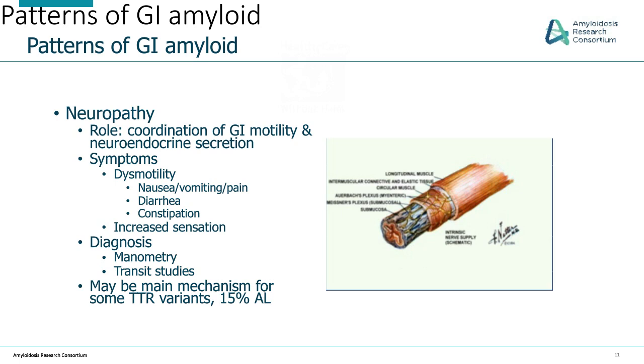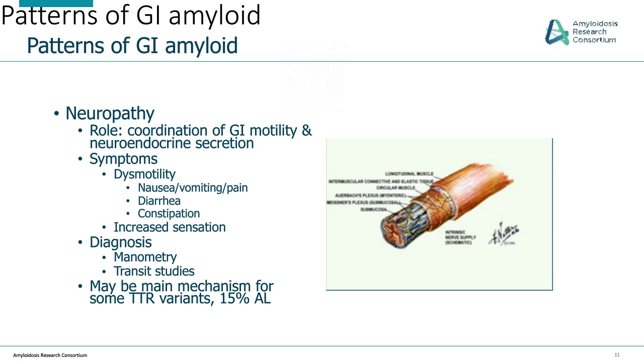And again, we can't get the nerve information from biopsies, but we can get that information from doing specialized motility testing or doing tests looking at movement throughout. And it's felt that the nerve involvement specifically may be an area that can cause prominent GI symptoms, particularly within the neuropathic variants of TTR.